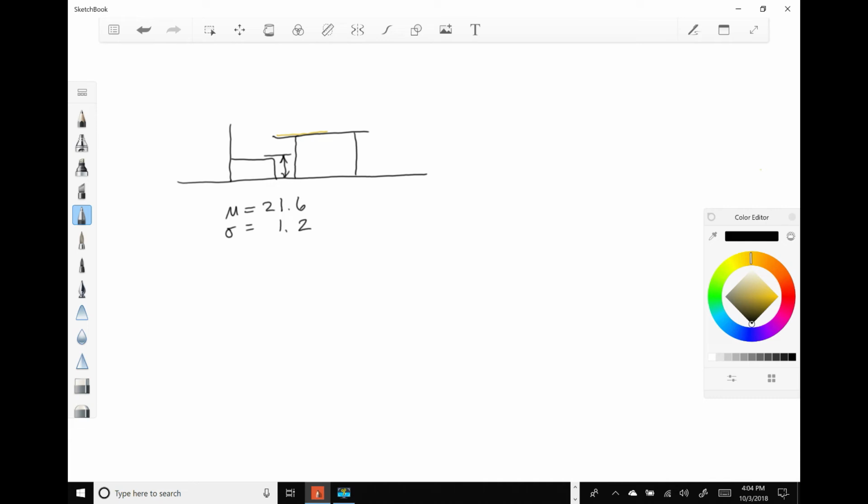And they also have measurements for women, so we'll put an M on this to stand for men. And for women, they're talking about 19.5, and the sigma for women is 1.1 inches. Okay.